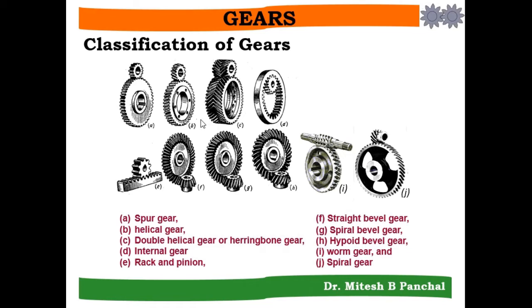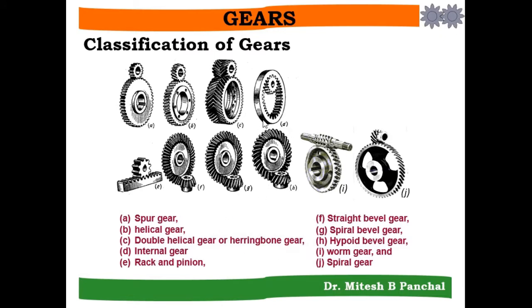We already know that in case of helical gear, other than the tangential force and radial force, the axial force exists. So to cancel out the axial or thrust component, double helical gear or herringbone gears are used.